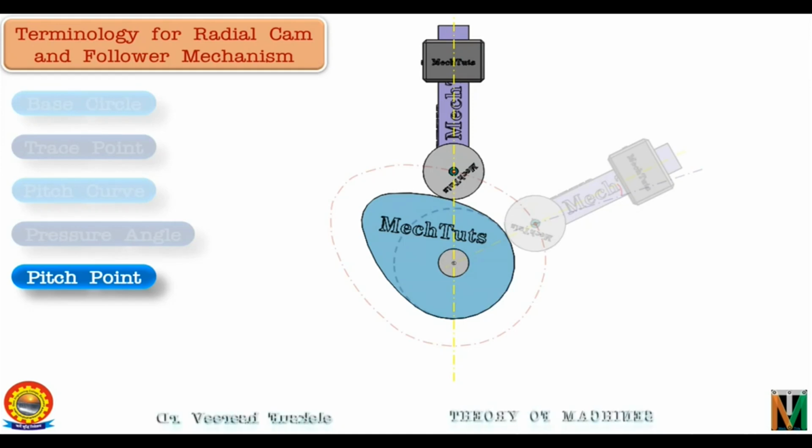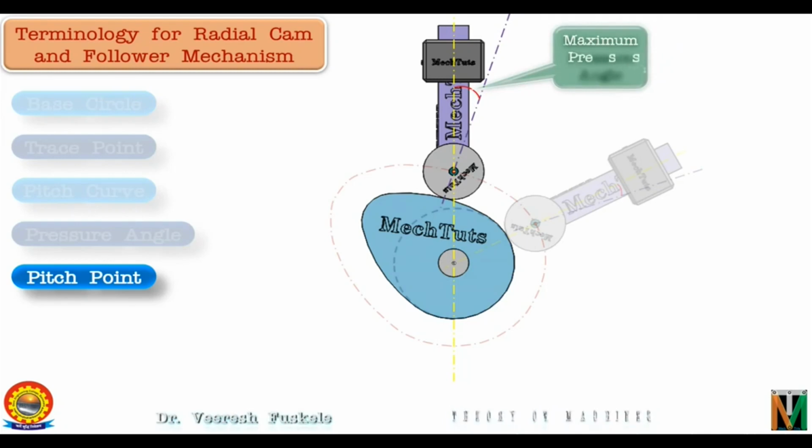So there will be a point at which this pressure angle is maximum, as shown here. In this configuration, this is the point at which the pressure angle is maximum. This point is known as the pitch point.